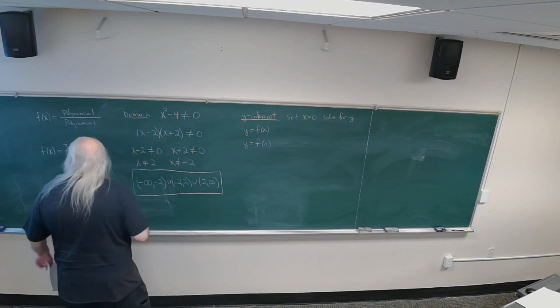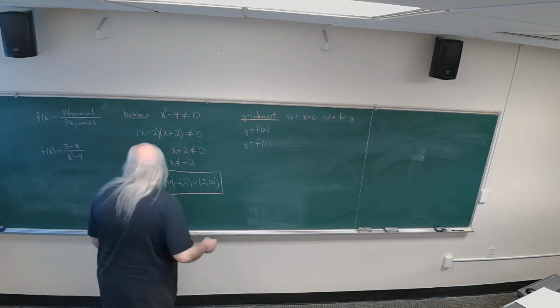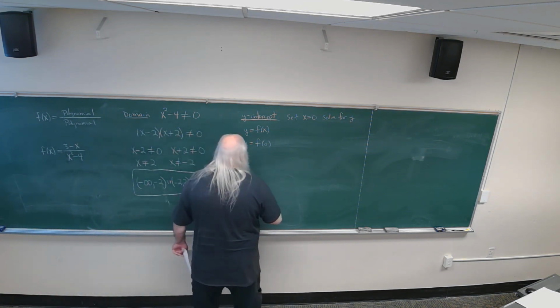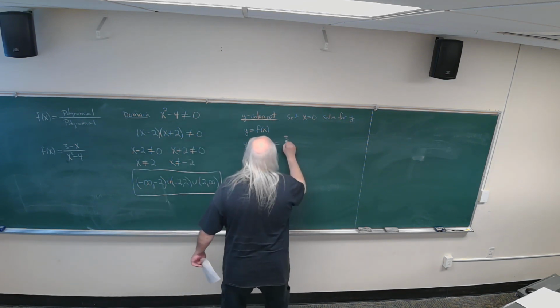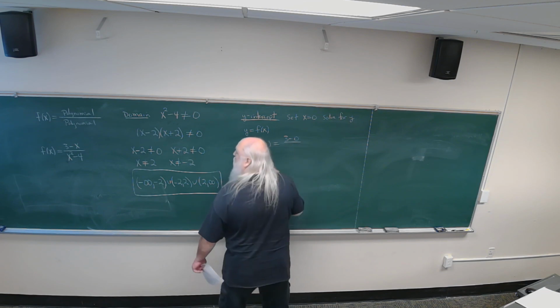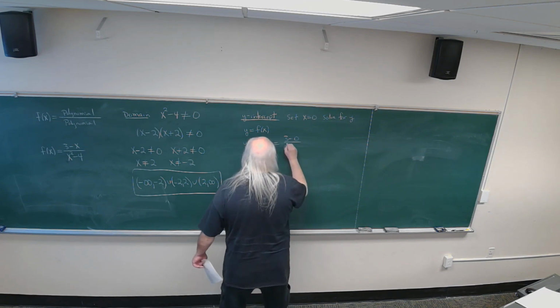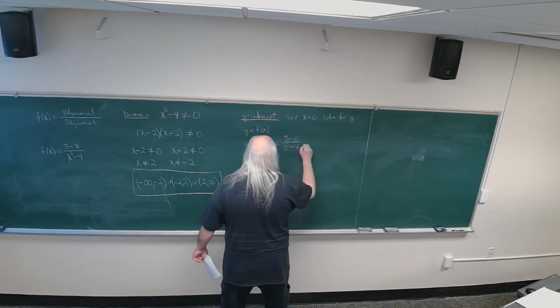Well, what's f of 0? f of 0 is equal to 3 minus 0 over 0 squared minus 4.